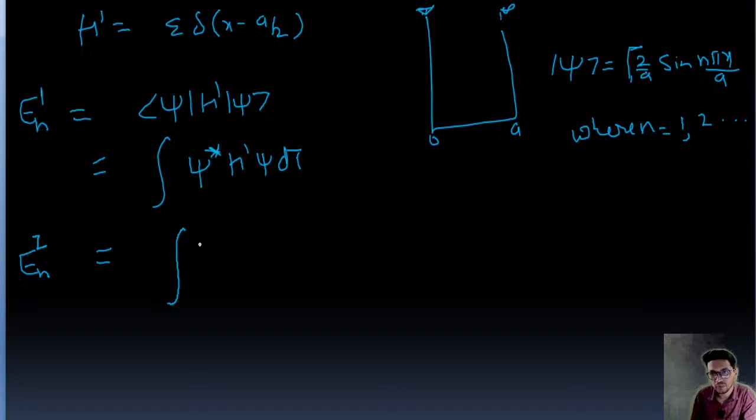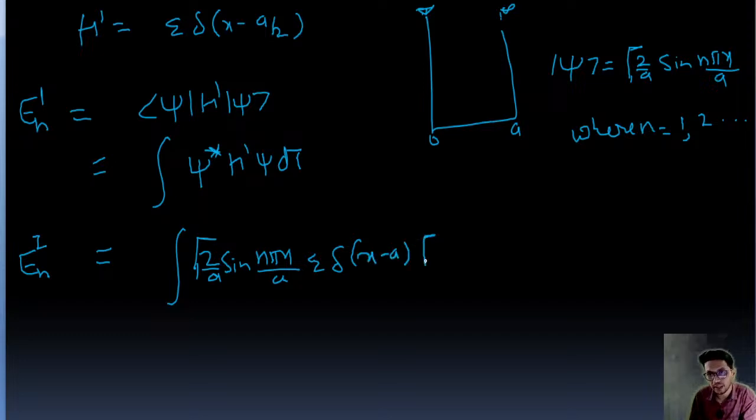So this is going to be integration of root 2 upon a sine n pi x upon a, h dash which is epsilon delta x minus a by 2, times root 2 upon a sine n pi x upon a dx, from 0 to a, because this is the width, right?